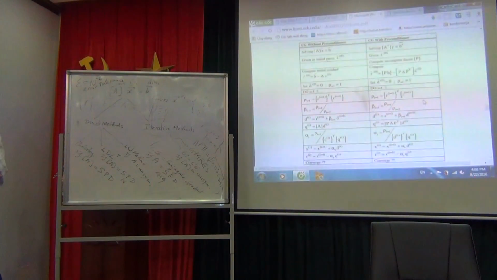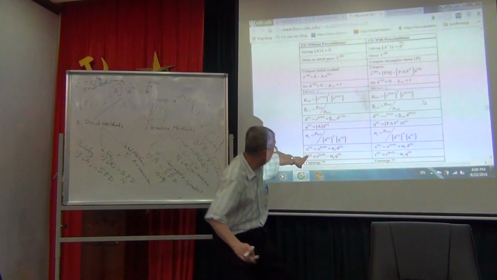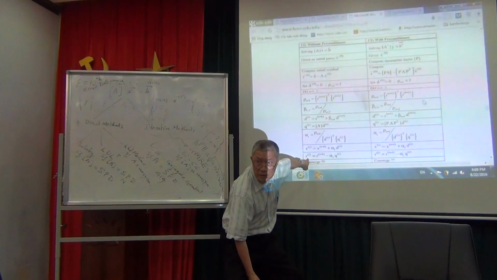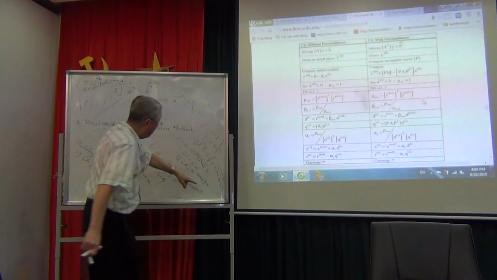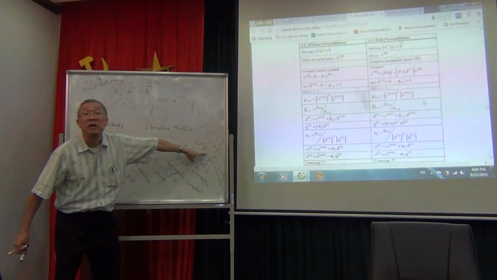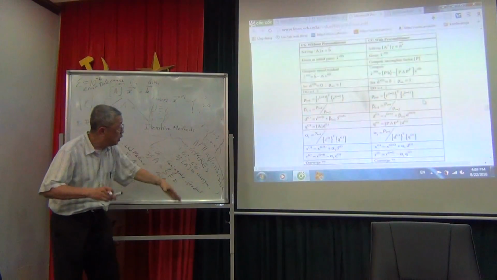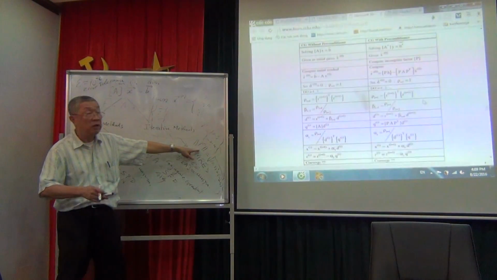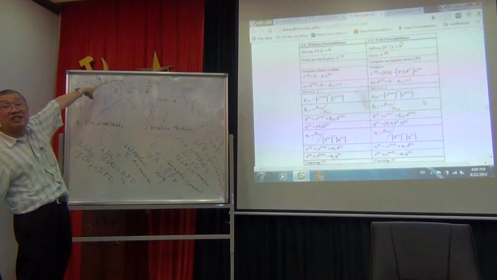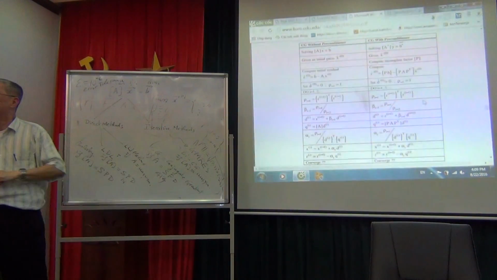Ten to the power minus 6 is a small number, right? It is not 0. This is a small number. So, right after you calculate the residual error, you will calculate the norm. And then you say, if the norm of the error is less than this value, then you stop.